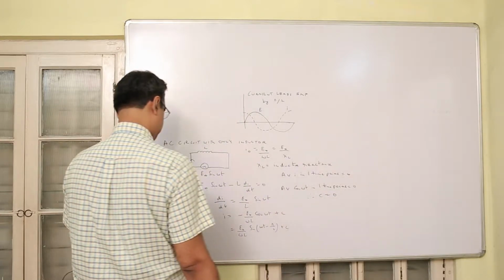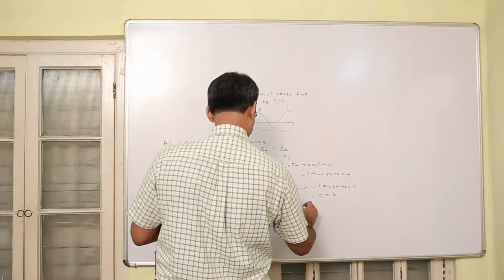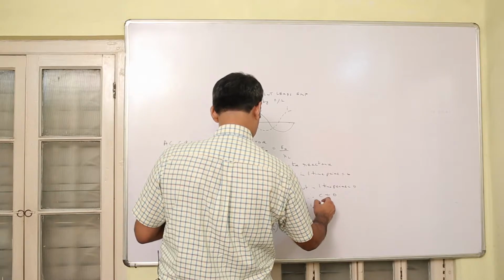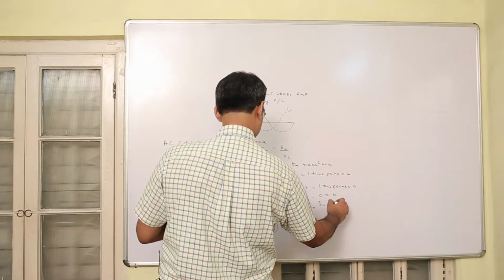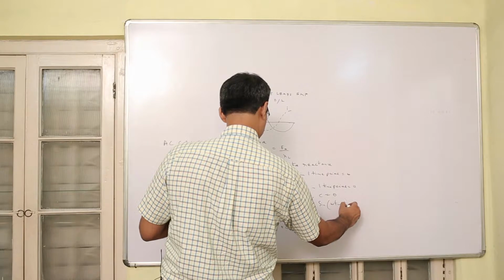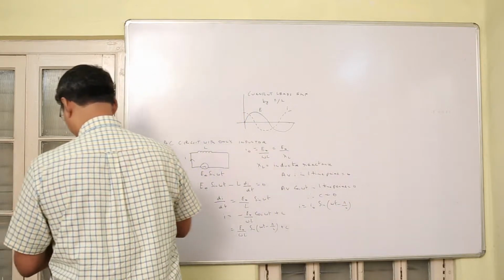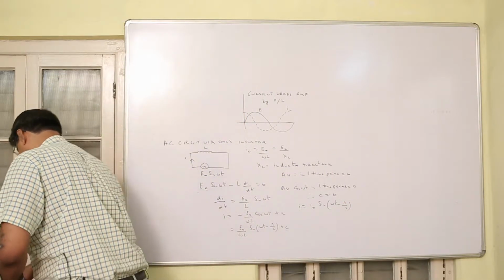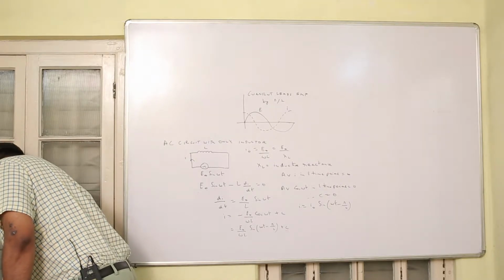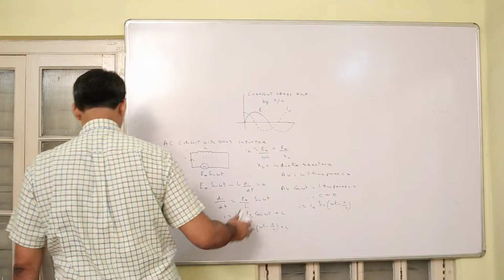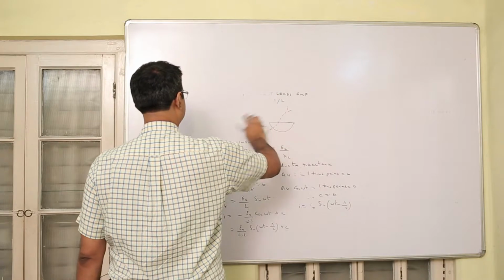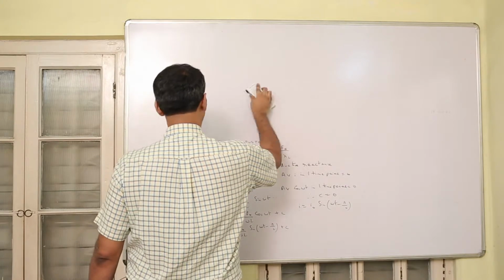So we are getting C equal to 0. So this is the relation for current in the circuit.